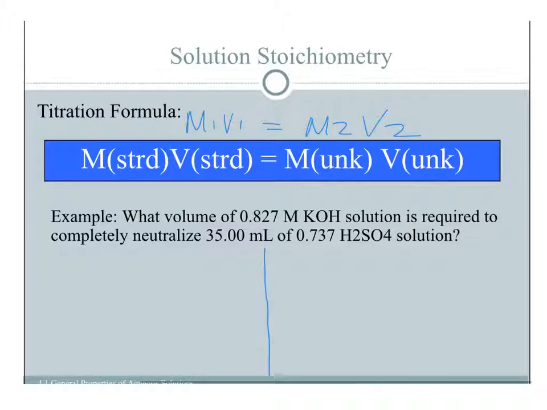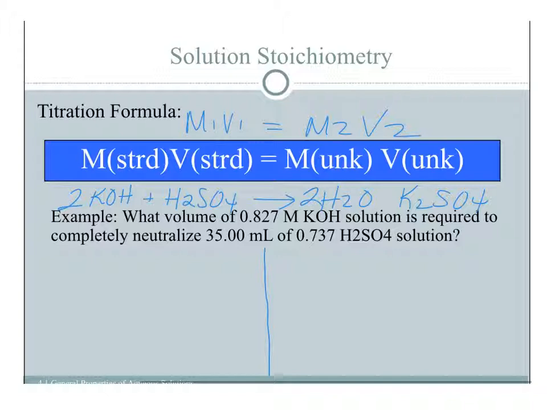Okay, I am going to start with a balanced equation. So I've got KOH and H2SO4, and that yields H2O and K2SO4. And I have to balance this, and that should be balanced.